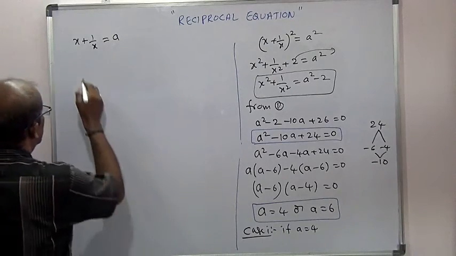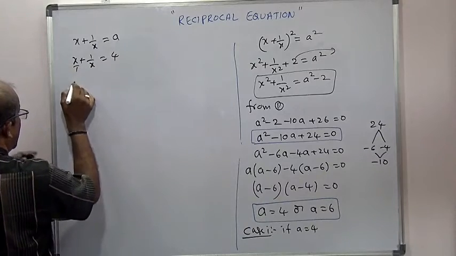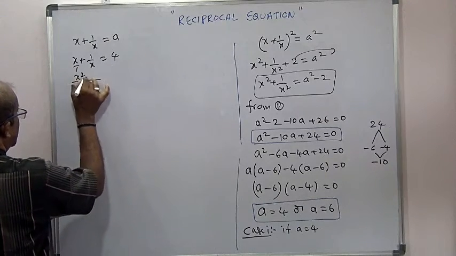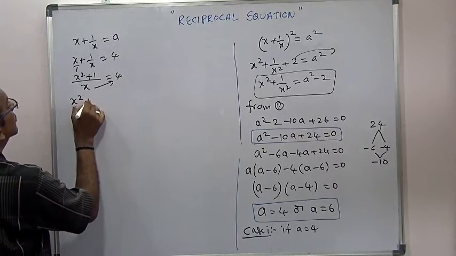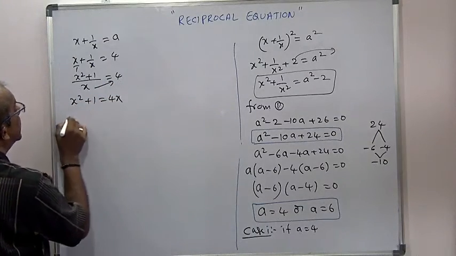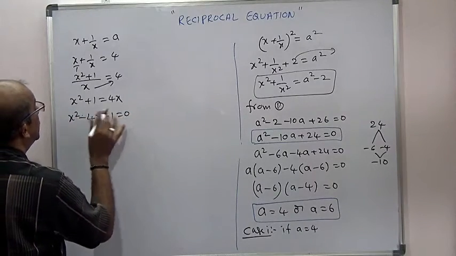So a is equal to 4, x plus 1 by x is equal to 4 by 1. x square plus 1 equal to 4, cross multiplied. x square plus 1 equal to 4x. So x square minus 4x plus 1 equal to 0.